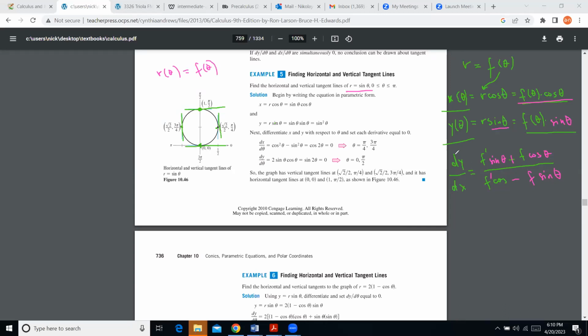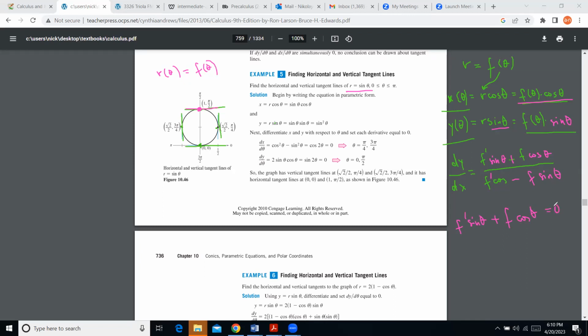So I need to take the derivatives and set this in this format. Then notice that my slope is going to be equal to 0 when my numerator is 0. So when f prime sine theta plus f times cosine theta is equal to 0.